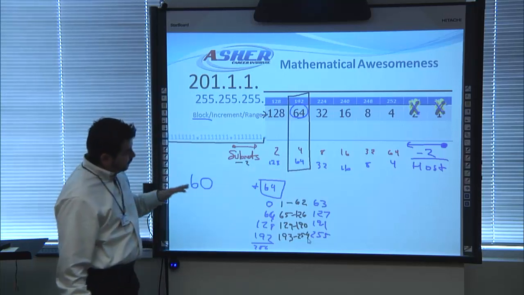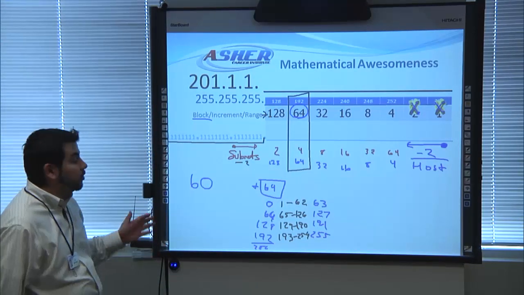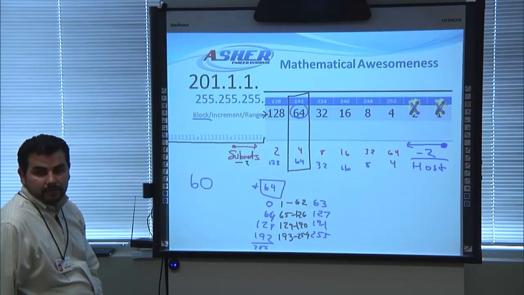So the numbers in the blue are your ranges, but the numbers in the black are your available. And that's the ones that your computers would get.